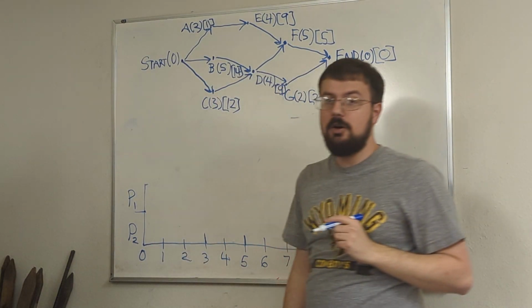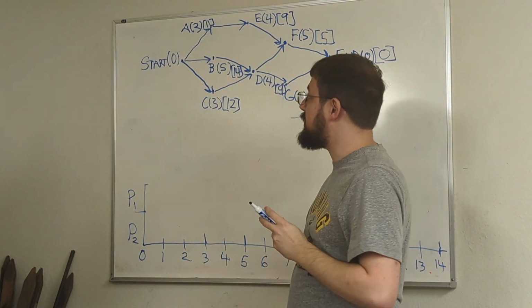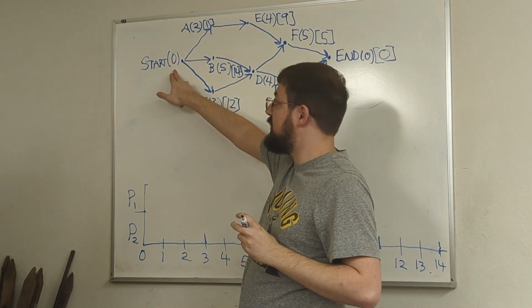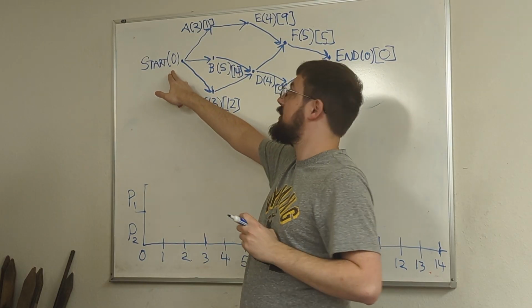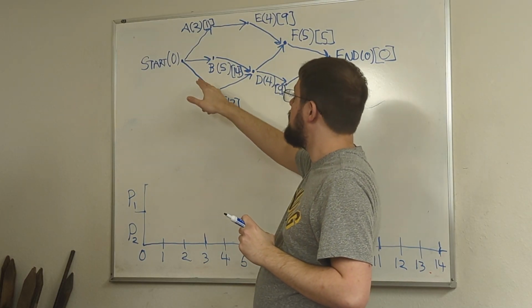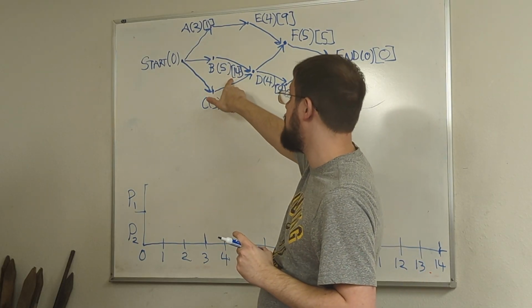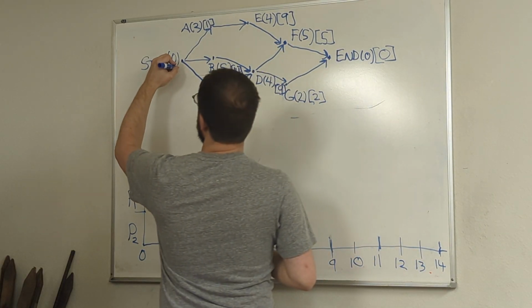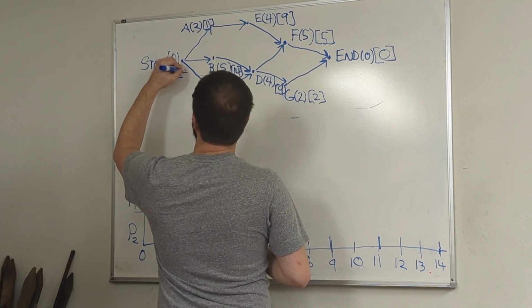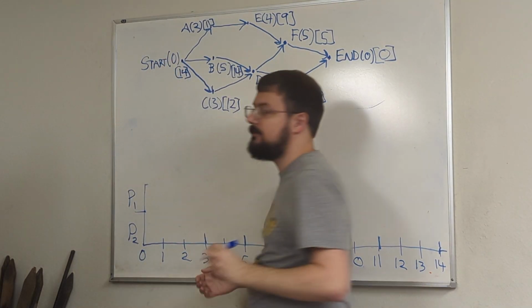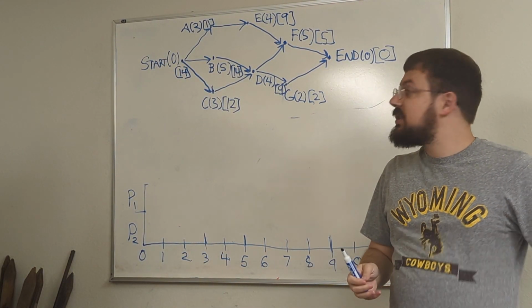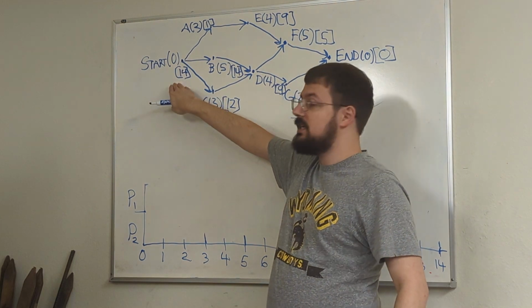And then finally, we can go back to the start. The start has a processing time of 0, so the critical time for the start is going to be just whatever is the highest critical time that it points to. In this case, that's B with a critical time of 14. So our critical time for the start is 14. And we would say that this is the critical time for the entire project.